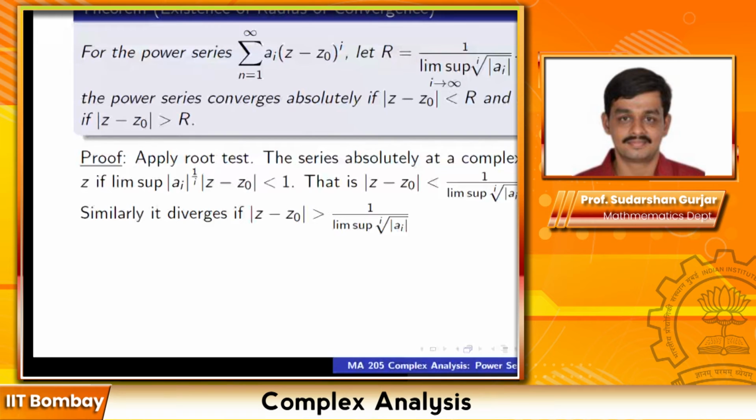Sir, what will be the difference if we use supremum instead of lim sup? Difference meaning, see, first of all, limit may not even exist, right? Limit existing is different from the lim sup existing.